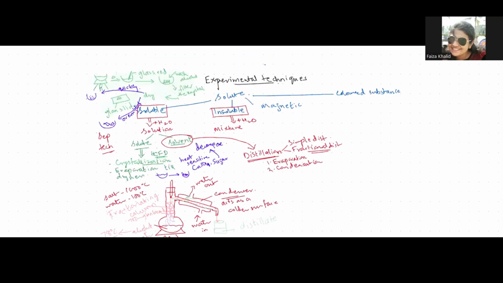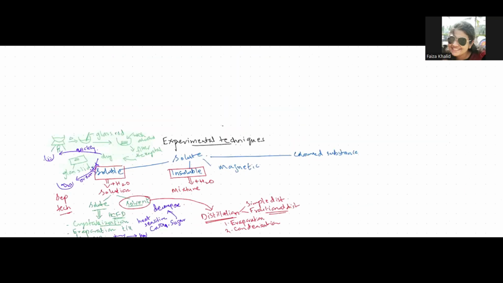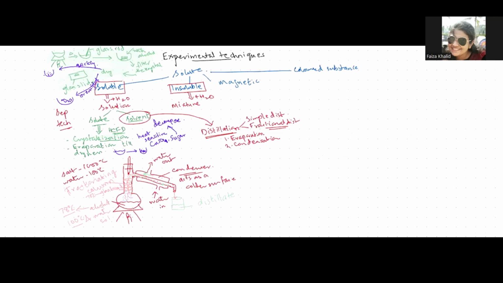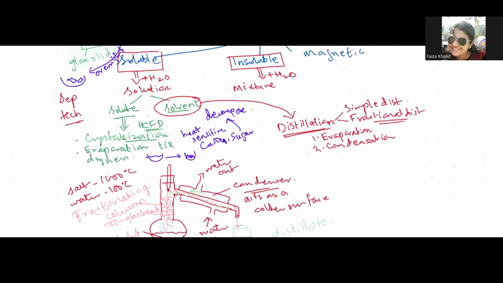Okay, a quick summary. You have a solution. Out of the solution, if you want the solute, how would you separate it? By crystallization or evaporation till dryness. And if you want to separate out the solvent, you'll do it by distillation.